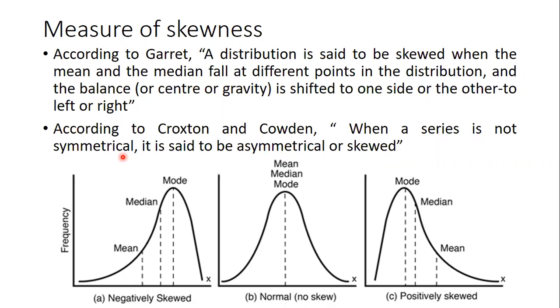If you see the mean, median, mode, all of them are at the center value, the mid value. So this is called symmetrical. But the other two diagrams are asymmetrical because they are not in the center place and they have different placements. So this is known as skewness.